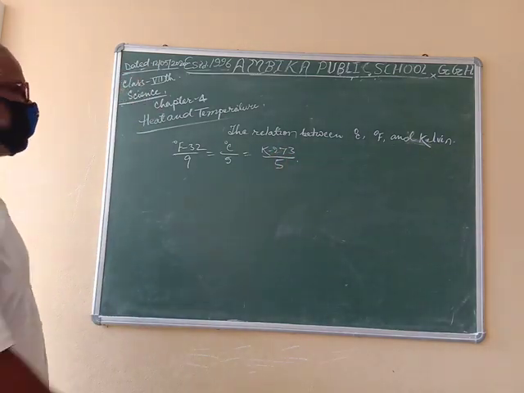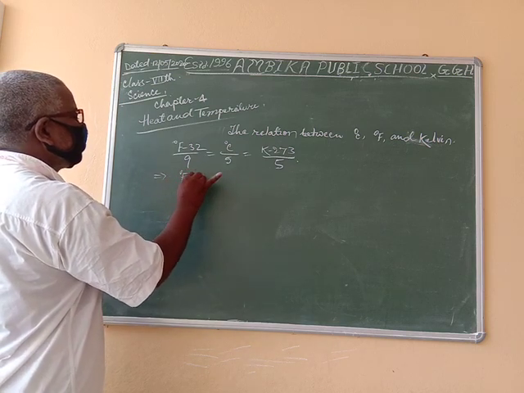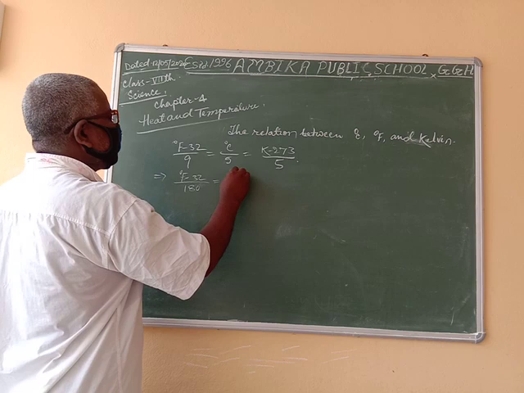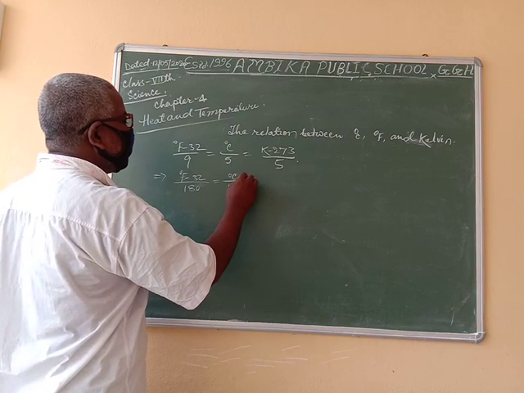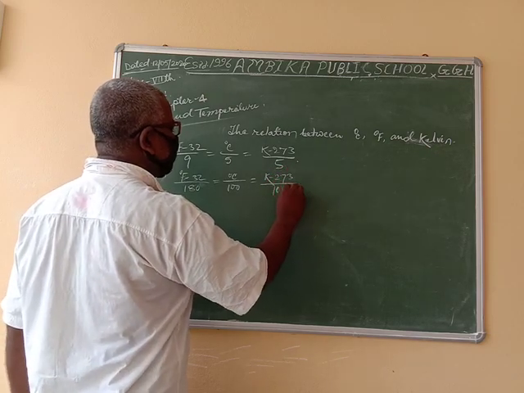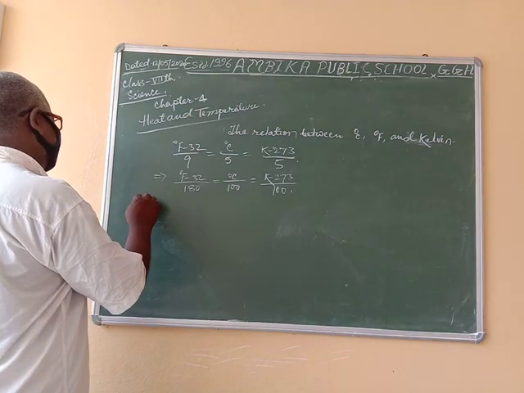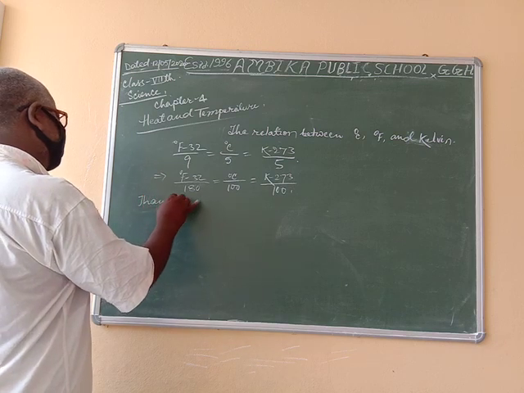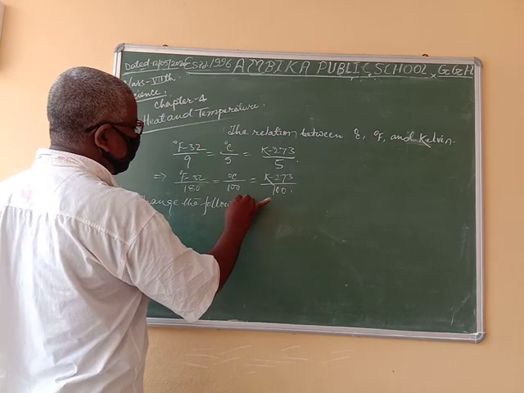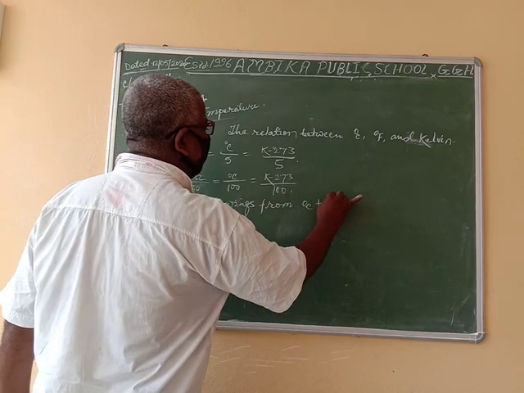In scientific notation, it can be written as (F minus 32)/180 = C/100 = (K minus 273)/100. Using this, change the following from degree Celsius to degree Fahrenheit.